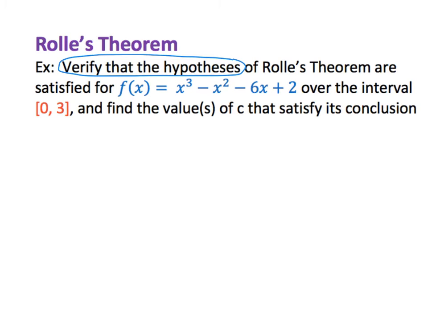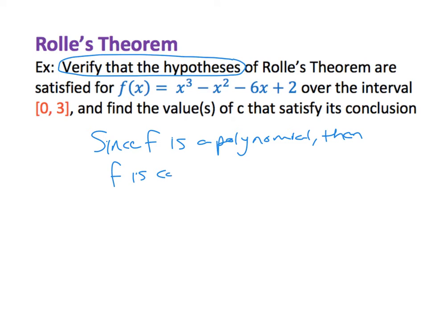So we can say that since f is a polynomial, then f is continuous and differentiable. But you have to state that first before we apply the third part of Rolle's theorem, which says the outputs have to be equal. So let's test if f(0) equals f(3).